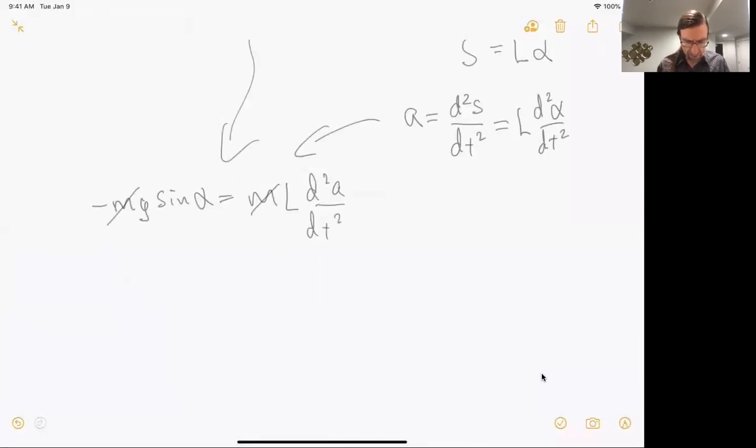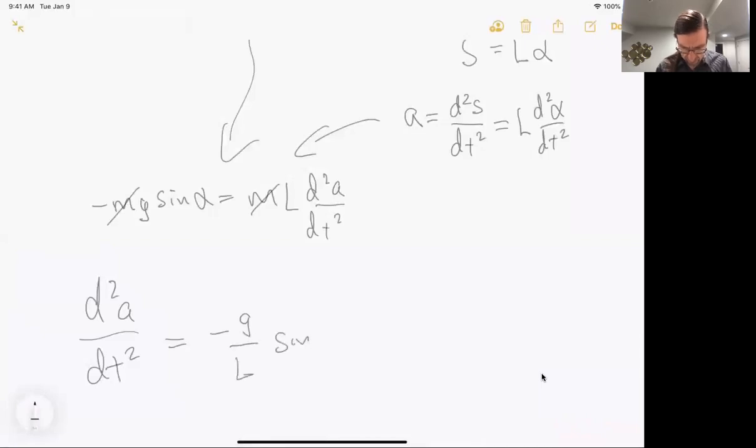If we put everything on one side, we get d squared alpha dt squared equals minus g over L sine alpha.